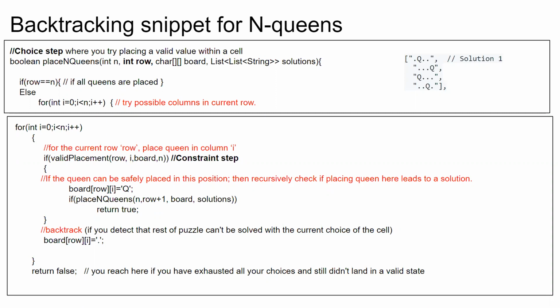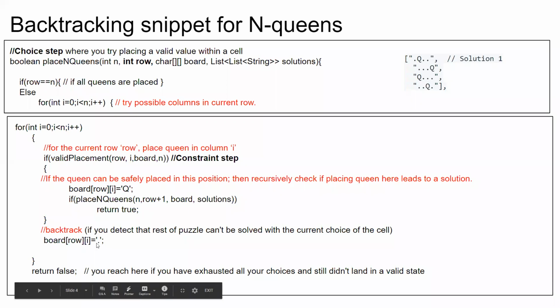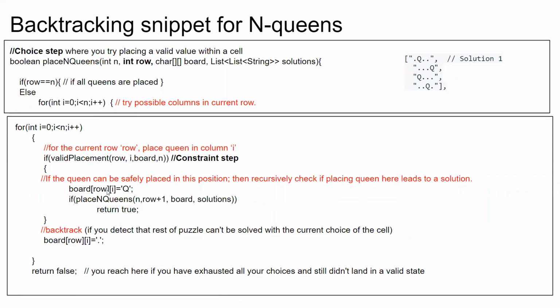But what if that doesn't happen? Like we saw in our walkthrough example, sometimes even after reaching the fourth row, you realize, oh, I can't place the queen in any of the columns here. So you have to backtrack and you have to change the position, right? So this is the step that is doing that. If you identify this can't be done, then you backtrack and you basically undo this placement, where I placed Q in column i of the current row.